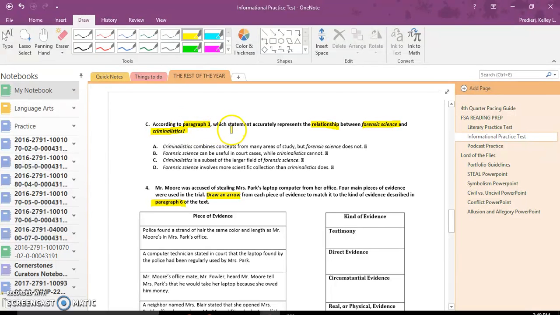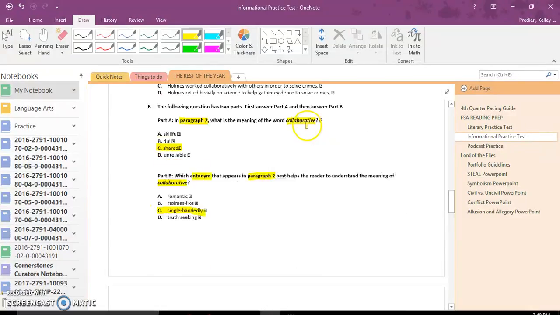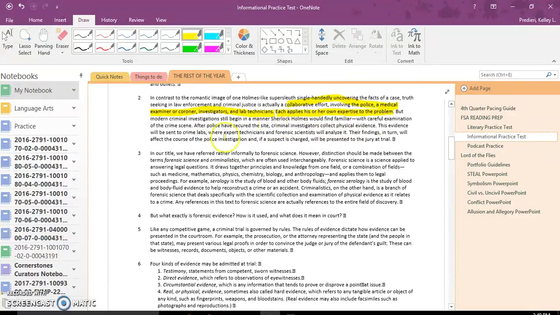In paragraph 3, which statement accurately represents the relationship between forensic science and criminalists? Alright, in our title we have referred rather informally to forensic science, however distinction should be made between the terms forensic science and criminalistics, which are often used interchangeably. Forensic science is a science applied to answering legal questions.